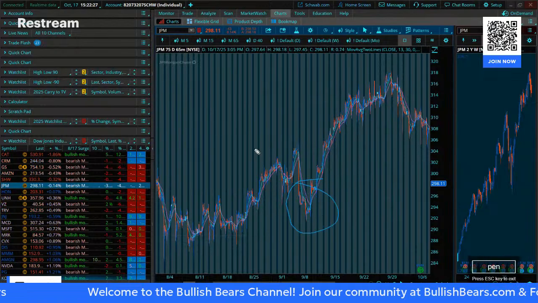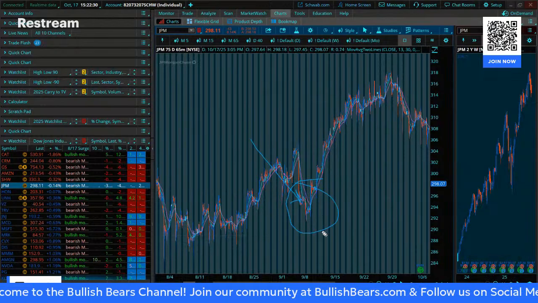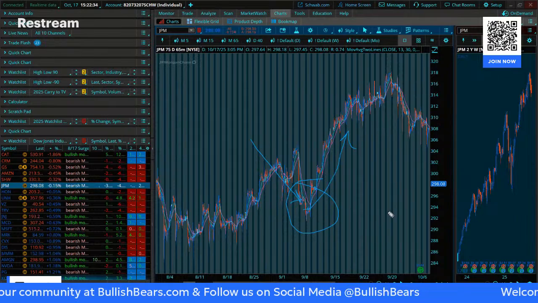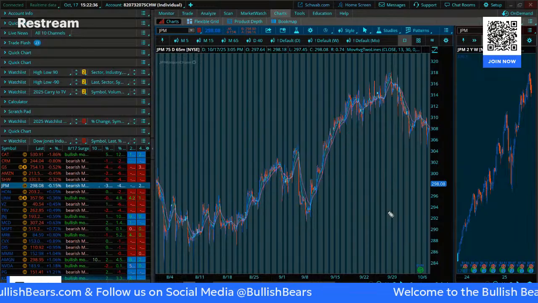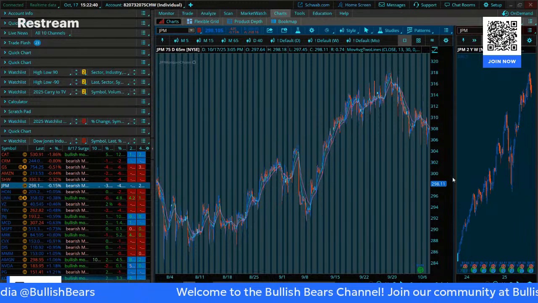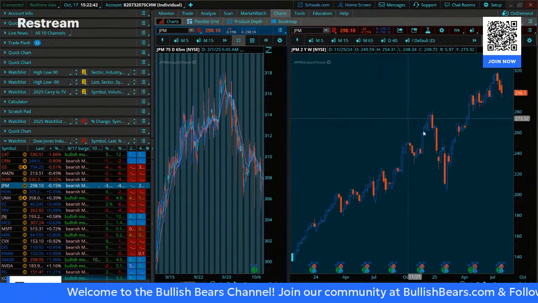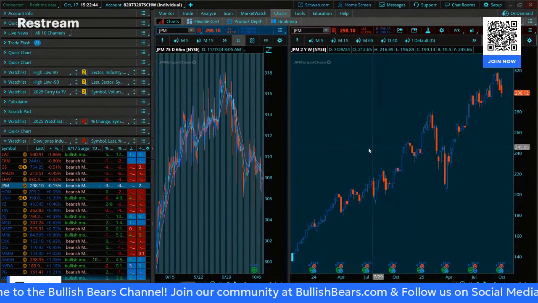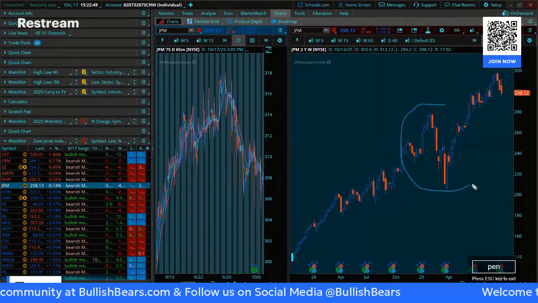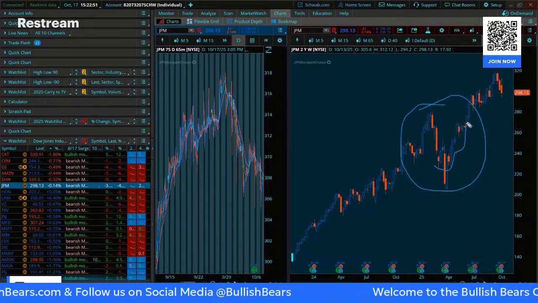Bear to bull scan. That can help you find stocks that maybe have been already in an uptrend that are pulled back at the moment, and you're looking for that trend to resume again.